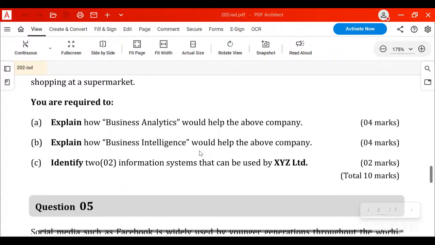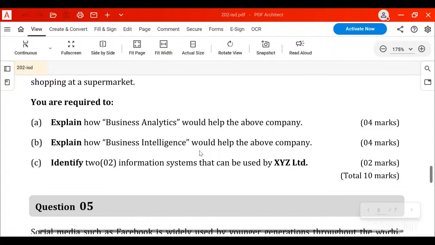Unlike business analytics, which focuses on predicting future trends, BI is more about understanding past and current business performance.